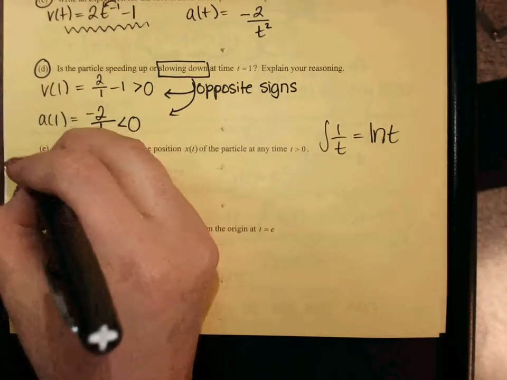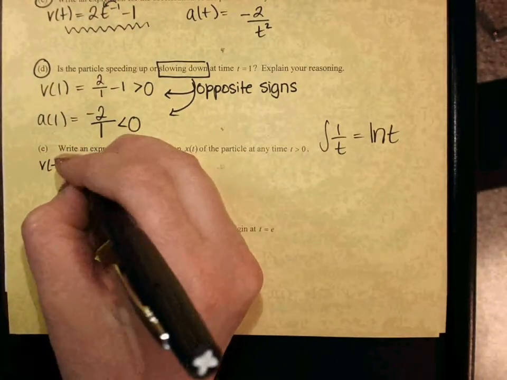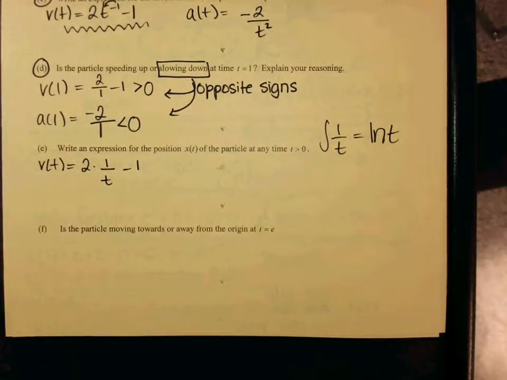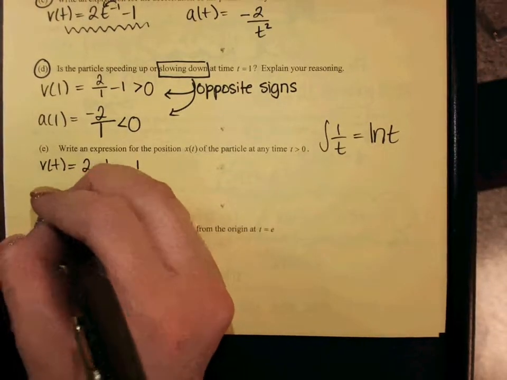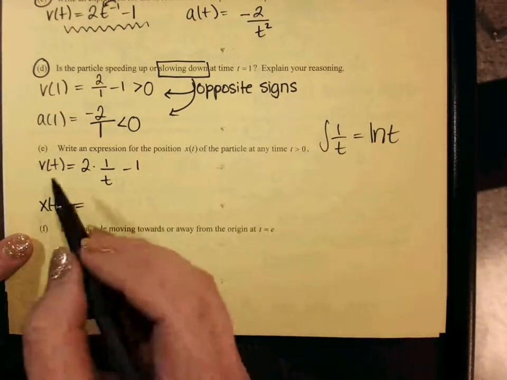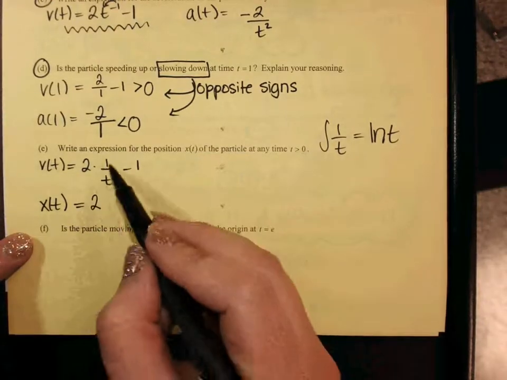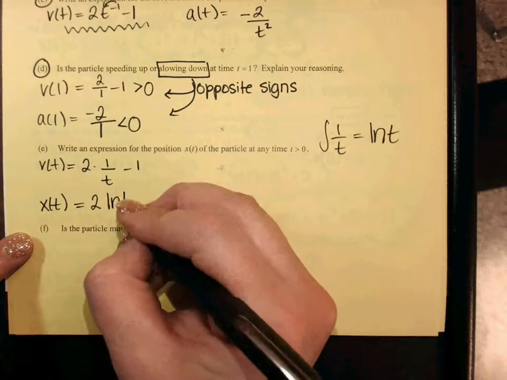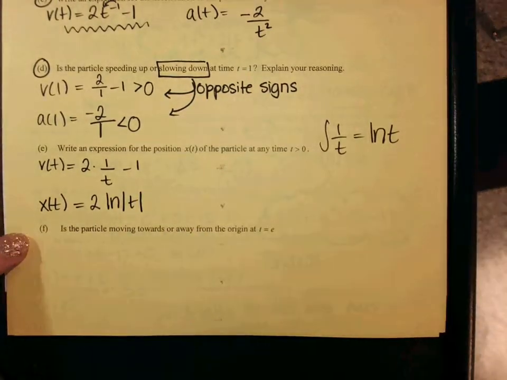So for my rewrite here, I'm going to write that as 2 times 1 over t, minus 1. And then if we want position, we're going to have to do the integral of that. So the 2 is going to stay in the front, and then what's the integral of 1 over x? ln. So it'd be ln of t. What's the integral of minus 1?